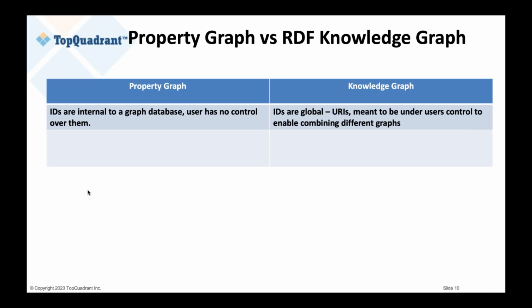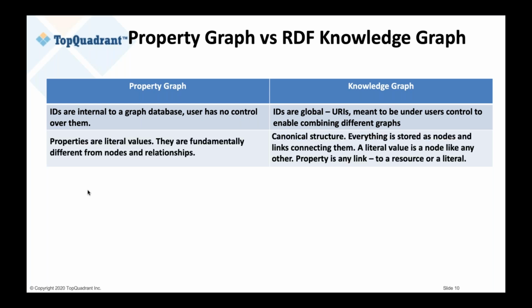While with RDF knowledge graphs, IDs are always global, and those namespaces, URIs, is what gives them a global nature. And they're meant to be under user control. If the users want to have control, of course, you could also let the system generate them by just giving the namespace, and then the local name can be generated using whatever algorithm you choose.